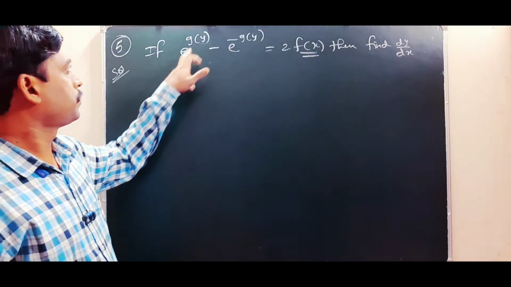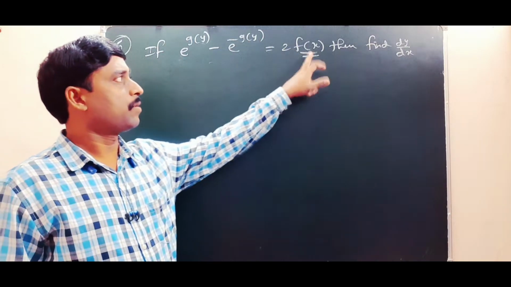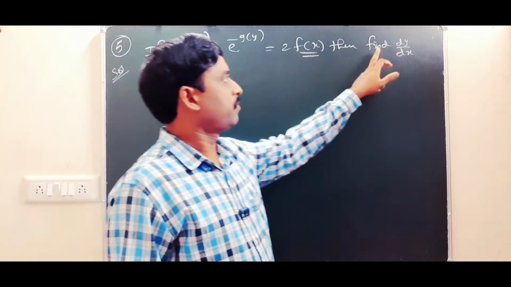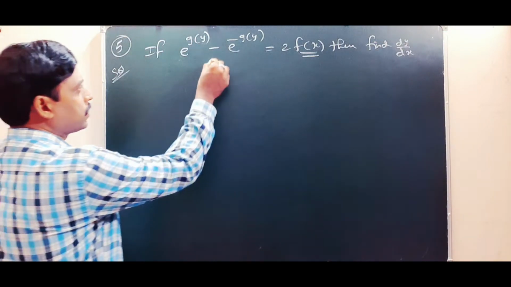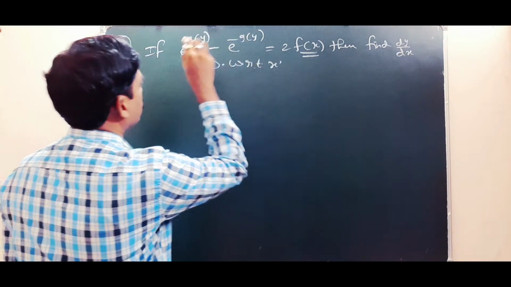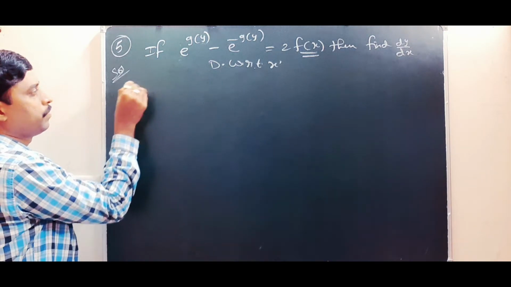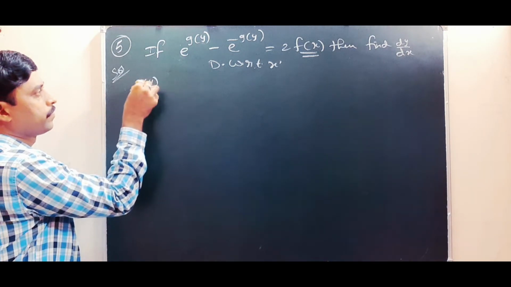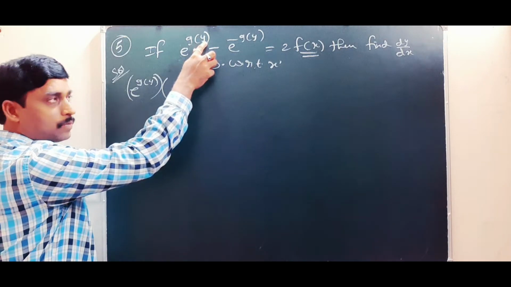If e to the power g of y minus e to the power minus g of y equals 2 times of f of x is given, then we have to find dy by dx. Okay, so now differentiate with respect to x on both sides. Differentiation of e to the power g of y is e to the power g of y into differentiation of g of y by using chain rule.